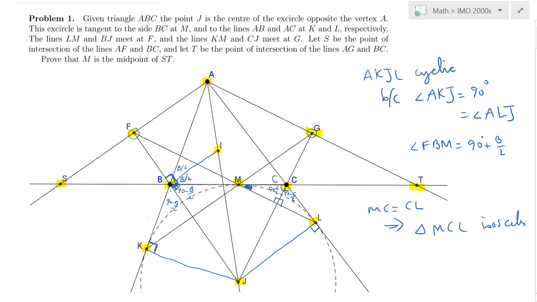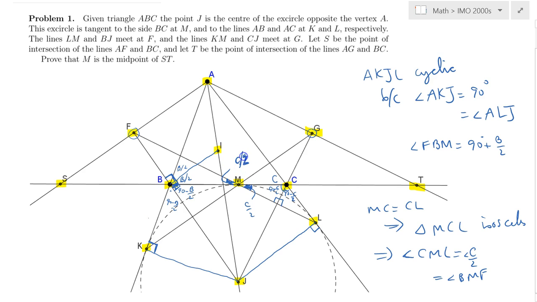That would be a 90 degree angle here, suggesting that angle CML is simply equal to C over 2. And of course this is a vertical angle with angle BMF. As a result, this is also C over 2.